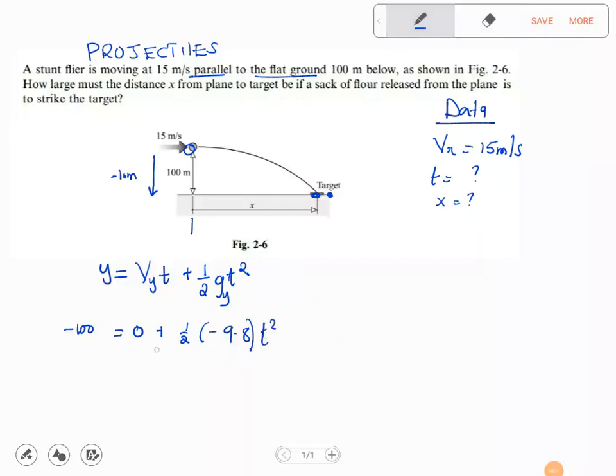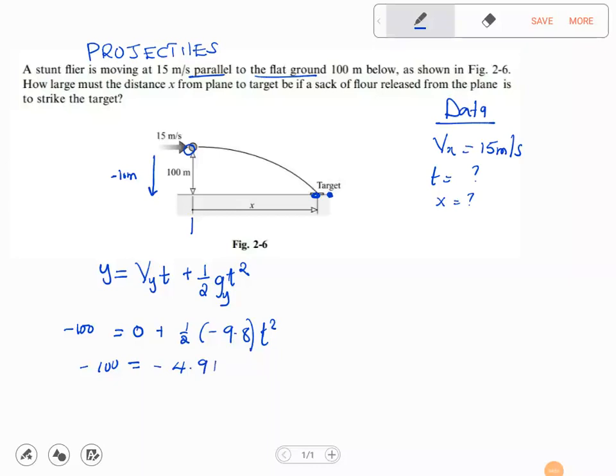So now, let us work out for t. So we have negative 100 equal to negative 4.9, so 9.8 divided by 2, you get that.